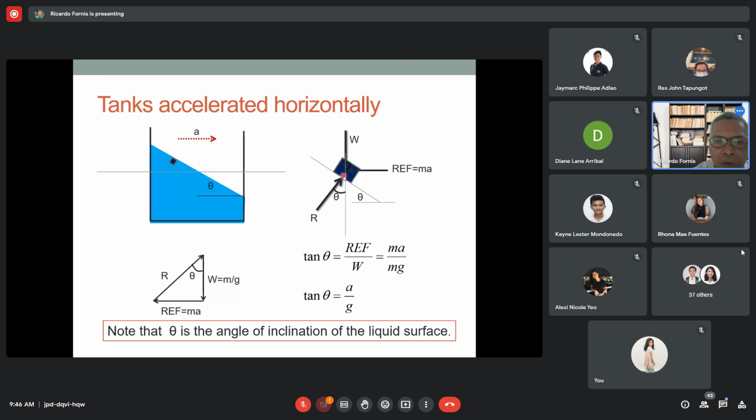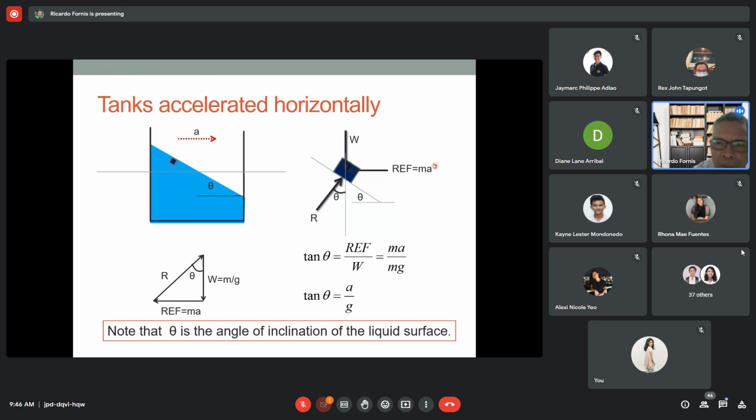I repeat, to make the particle in a state of equilibrium, which we call dynamic equilibrium, we apply a force equal to mass times acceleration, applied opposite to the direction of the acceleration. So if the acceleration is to the right, then the reverse effective force is applied to the left. Maybe it would be representative to make this a dotted line because this is an imaginary force.